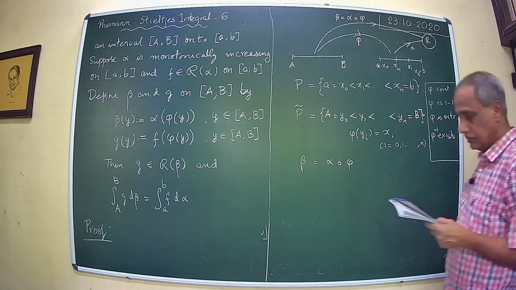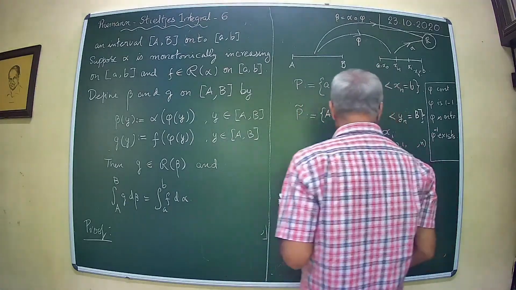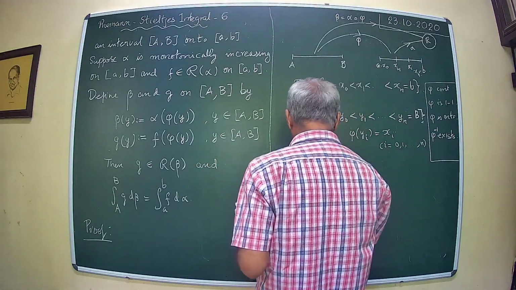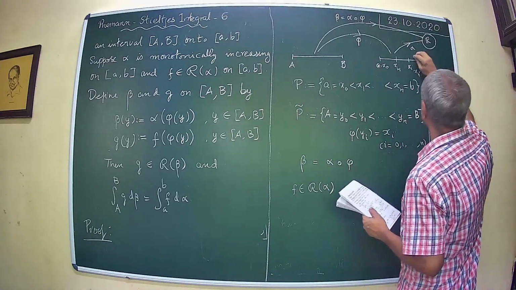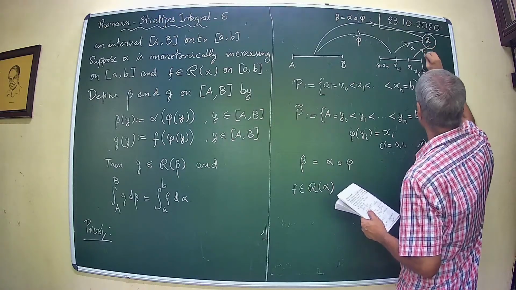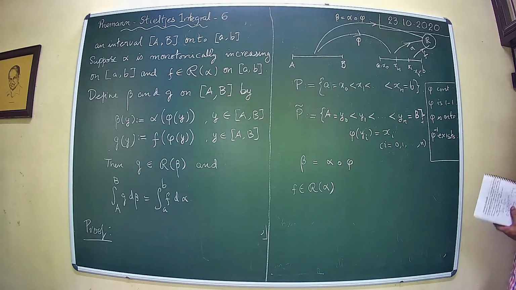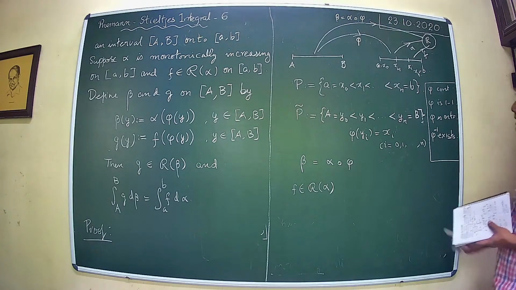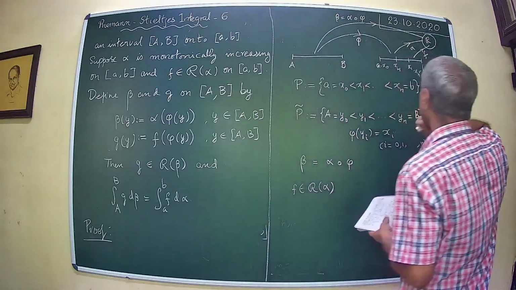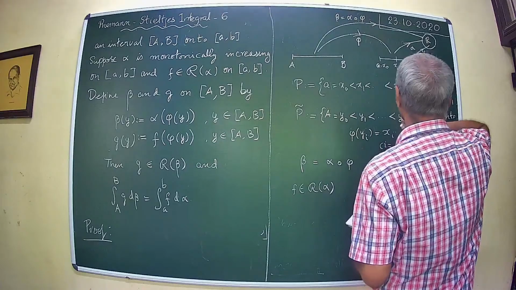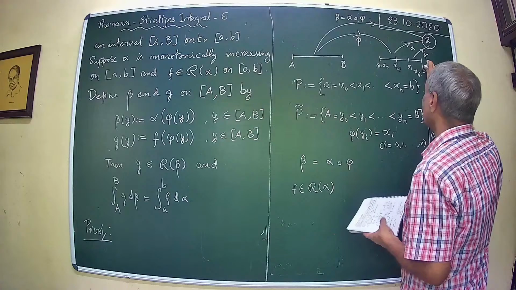Now what more is given? You are given an f belonging to R alpha. So it is defined from here. Now you see that there is a corresponding map G defined from AB to R. How do you get that? You get that as f composition phi.